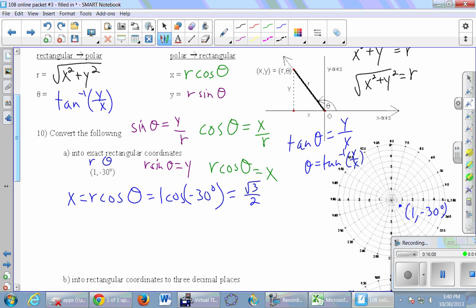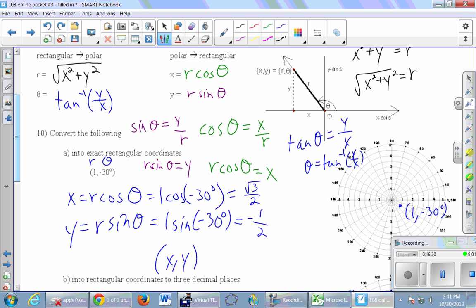Then the y value is r sine of theta, 1 sine of negative 30 degrees. Sine of 30 is a half, but sine of negative 30 is negative a half. Use your unit circle if that's not in your head. And so we're done. That means the point in xy land is really at root 3 over 2, comma, negative 1/2.